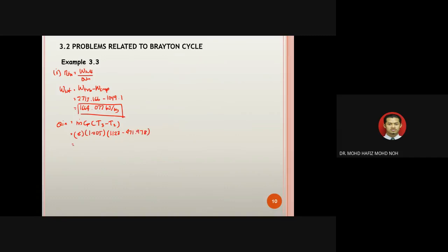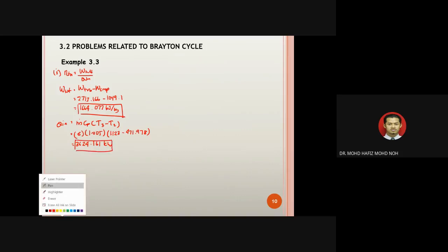So from here you can get the value of Q in, which is 3624.161. Oh, sorry, the unit here is actually not right.